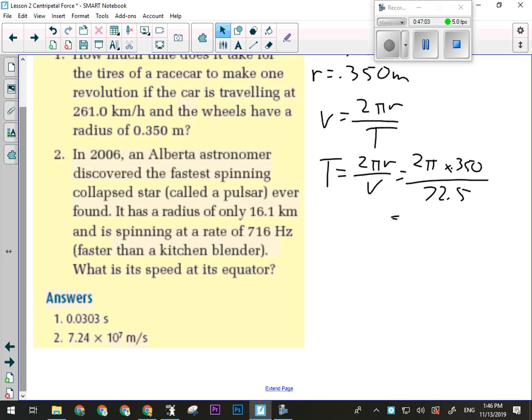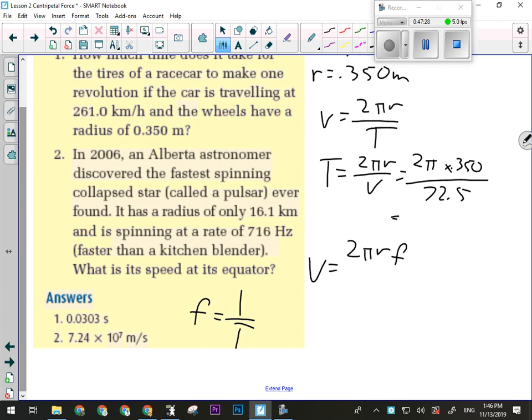Okay, so we want to find the speed at the equator. V equals 2 pi r over t, except we didn't get t, we got f. So instead of dividing by t, we could just multiply by f. Remember, f is 1 over t.